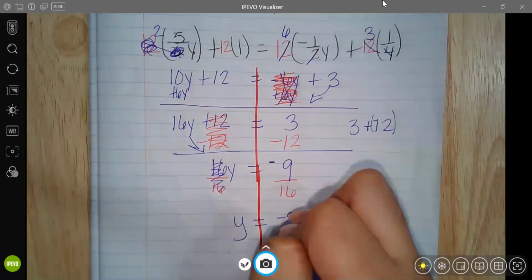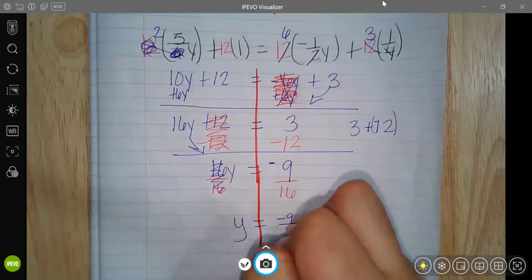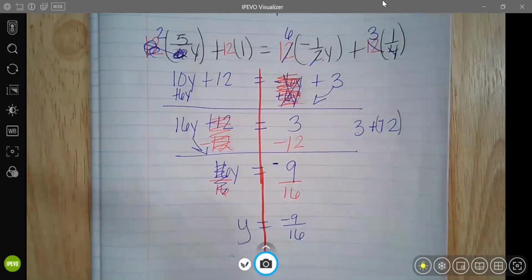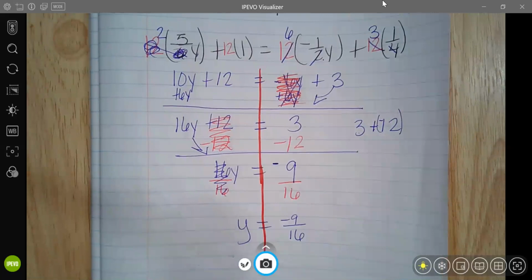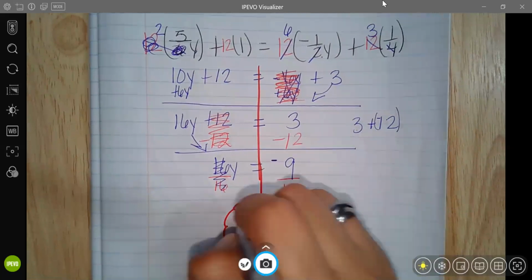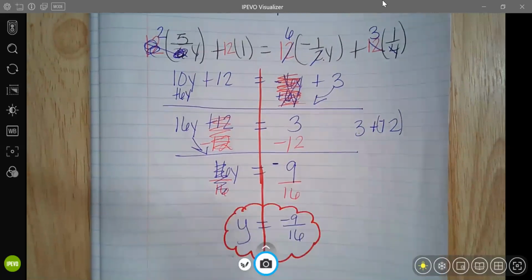I'll rewrite it here. And I've got to think, can I simplify negative 9/16? I don't believe we can. By 3, by 4, by 2. No, we cannot. So this means that our solution to this equation is right here: y equals negative 9/16.